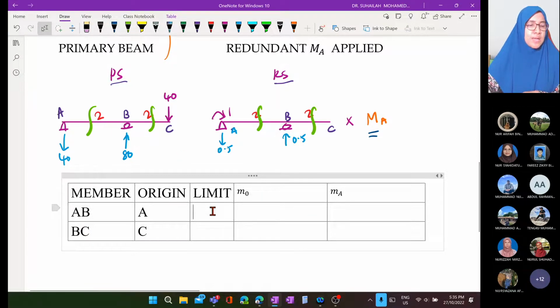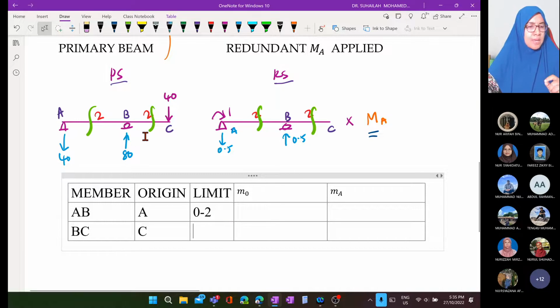For the limit, at origin X is equal to 0, at B X is equal to 2. For BC, you have to refresh back. All this I believe you have learned in solid mechanics, how you write the moment equation.